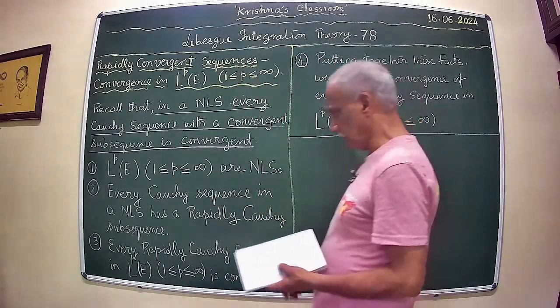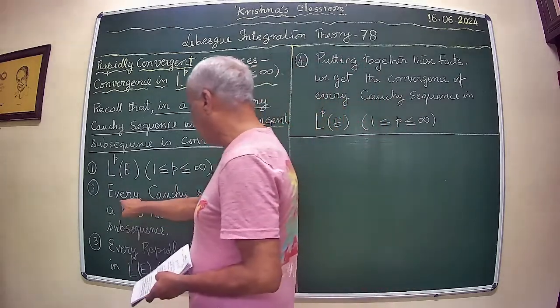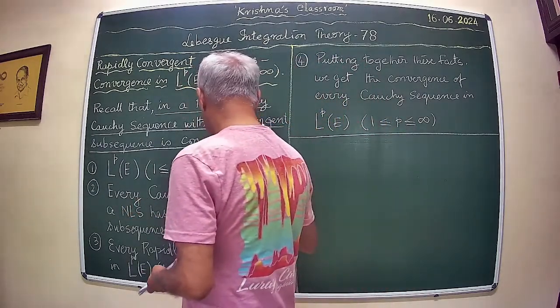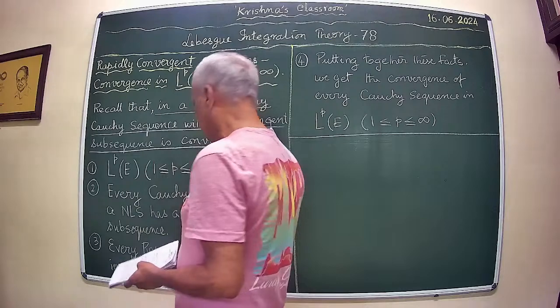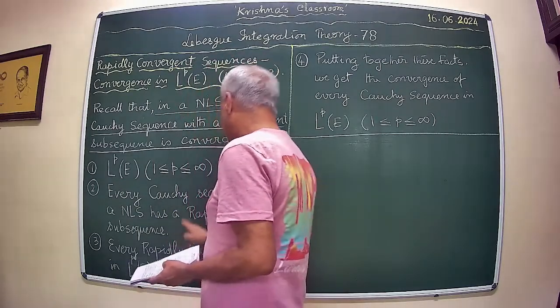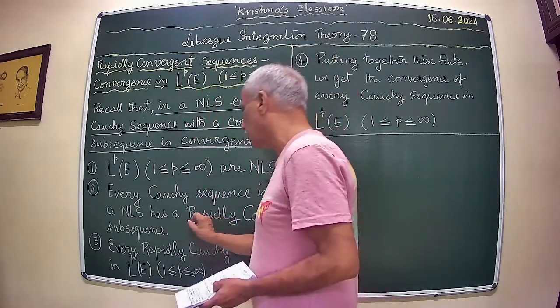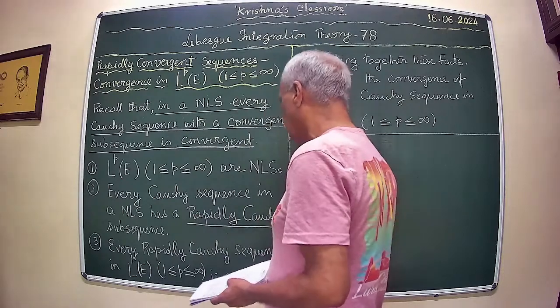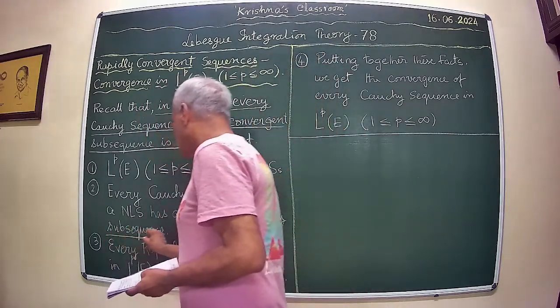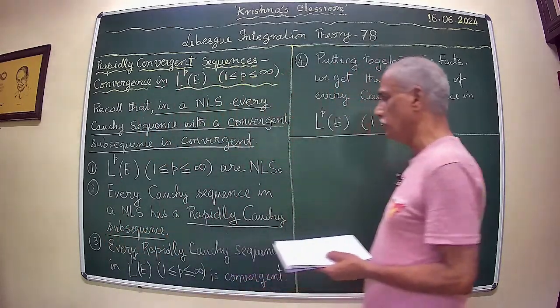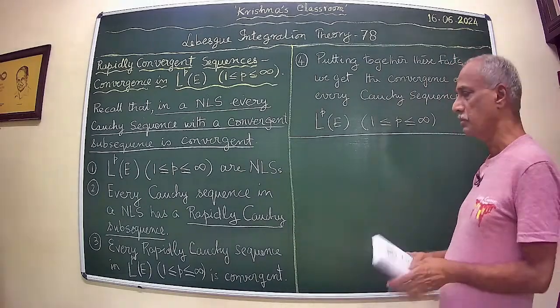Now, we have shown that every Cauchy sequence in a normed linear space has a rapidly Cauchy subsequence. Now, this is the important thing. We have already introduced what rapidly Cauchy subsequences are.